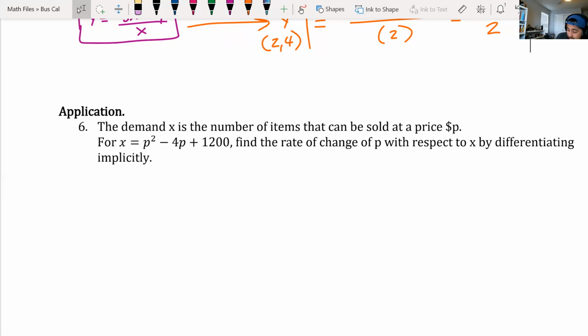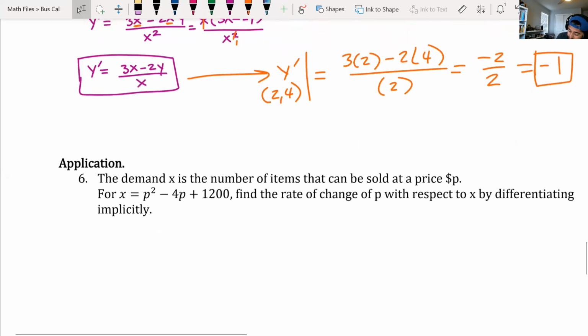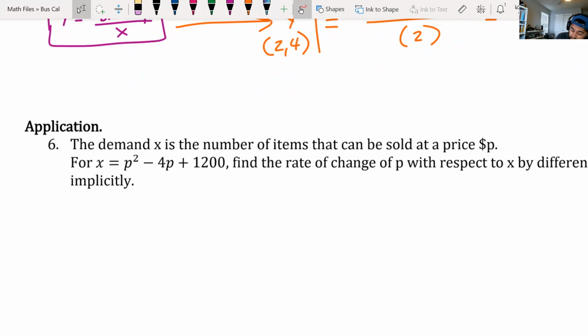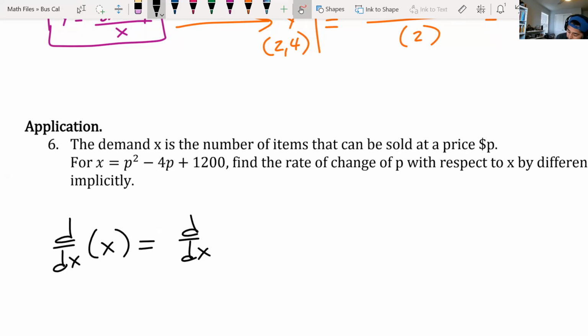Okay. So all this wants us to do is find the rate of change of P. Basically, find the derivative P prime. So what we're going to start out doing first is taking the implicit derivative of both sides of the equation with respect to X.